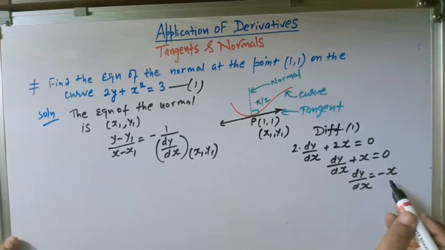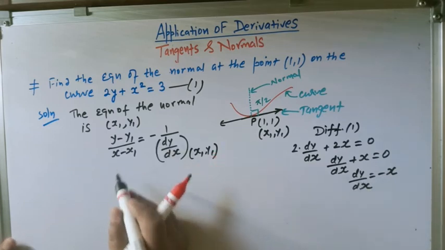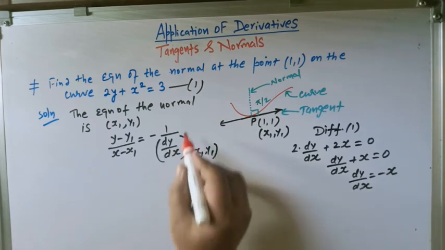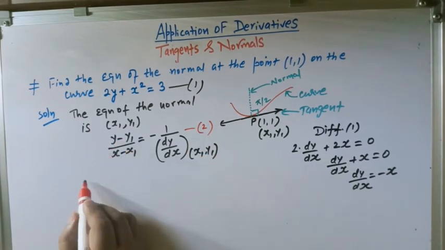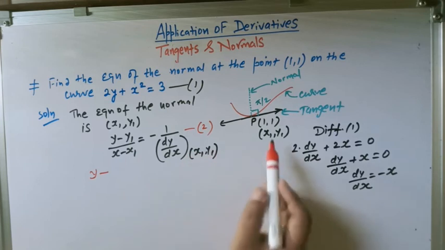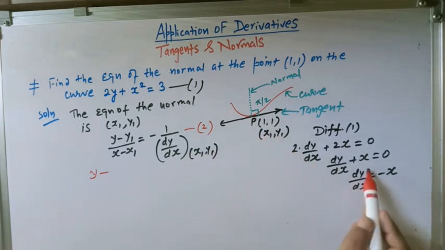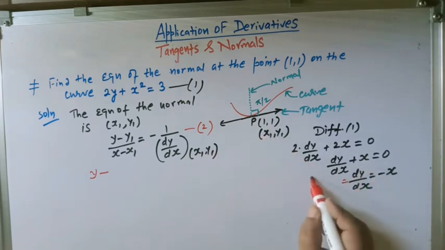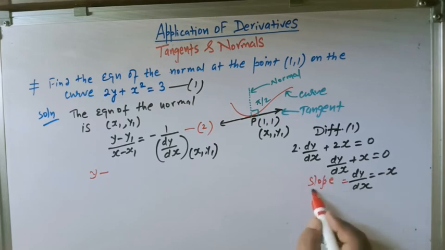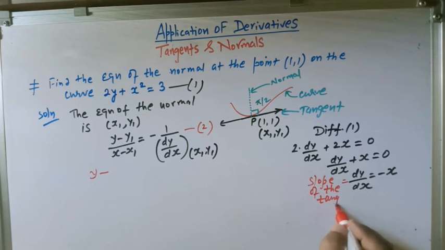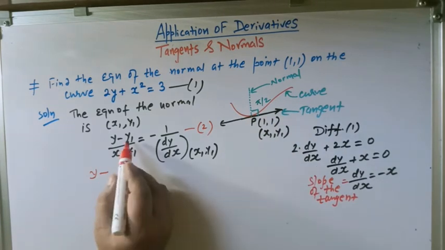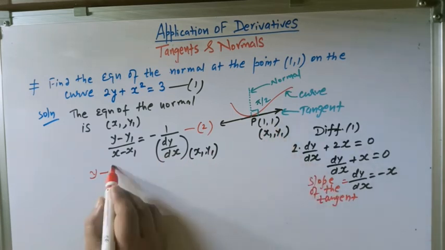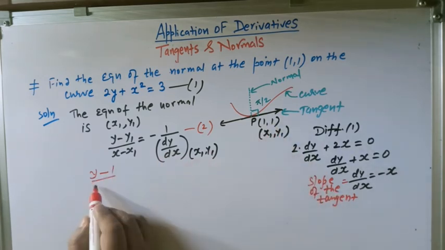Now in the equation, we'll substitute the value of x1 y1 and the value of the slope. So this is the slope of the tangent. So y1 is 1 and x1 is 1.